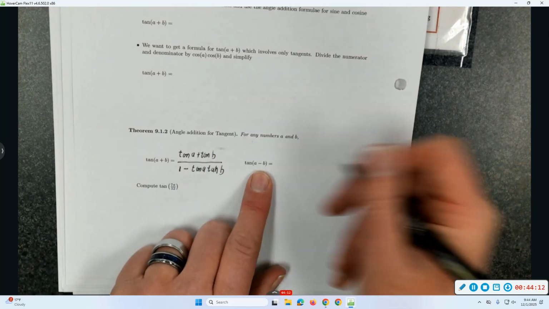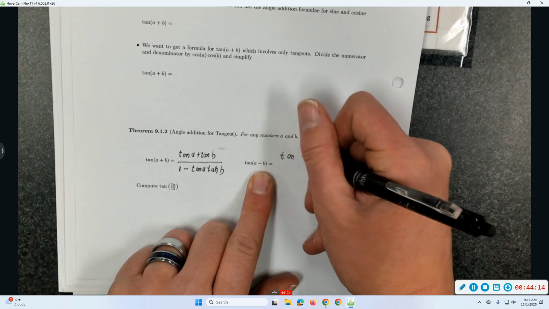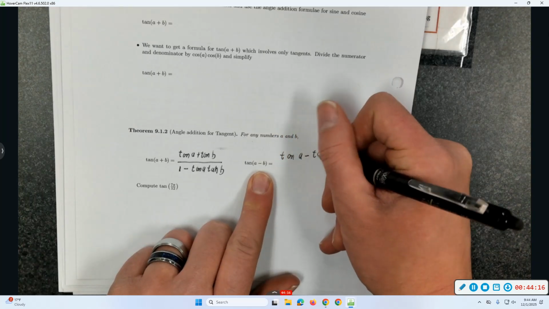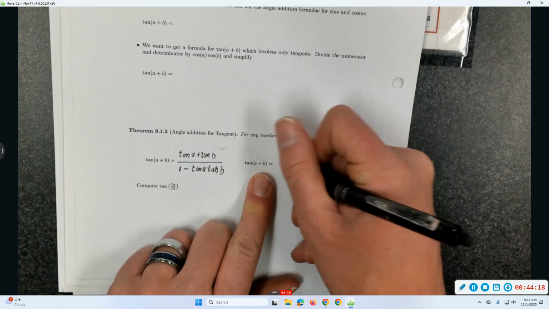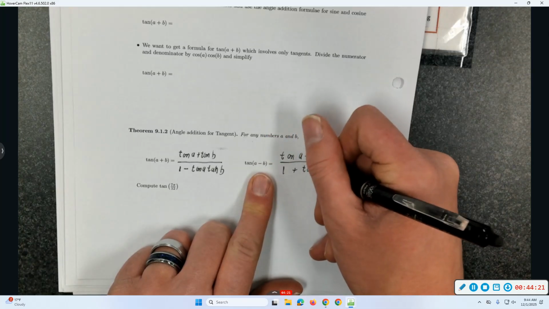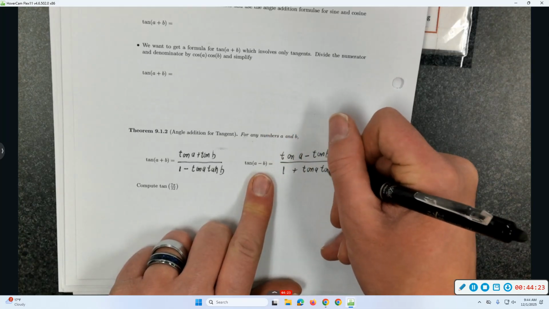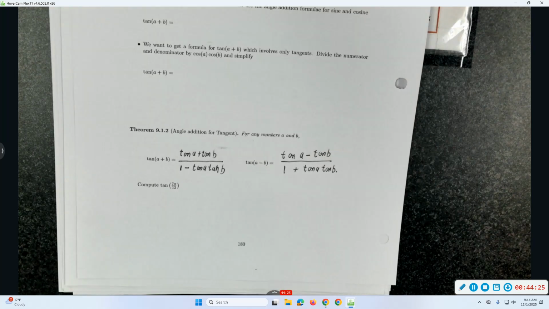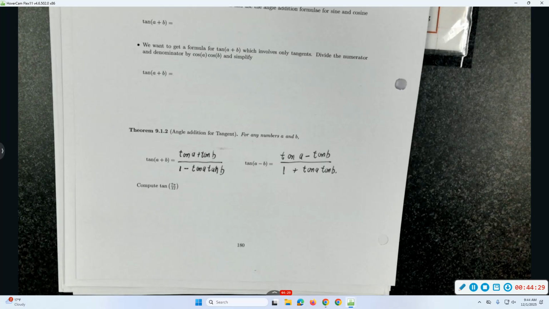And if you subtract, you'll subtract the tangents all over 1 plus the product. And that's maybe a less frequently used formula than angle addition for sine and cosine. I guess one thing that's nice is it only involves tangent. To use angle addition for sine and cosine, you need to know both sine and cosine. If you want to use angle addition for tangent, you just need to know tangent.